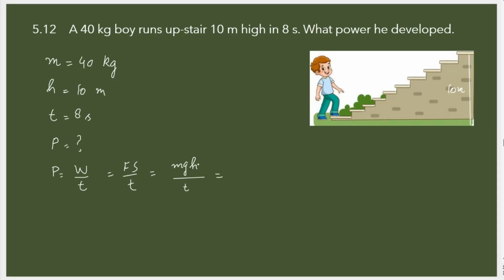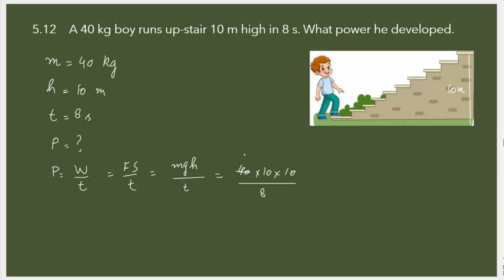So putting in these values, mass is 40 and the value of g is 10 and height is also 10, and the time which it takes to reach this distance is 8 seconds.